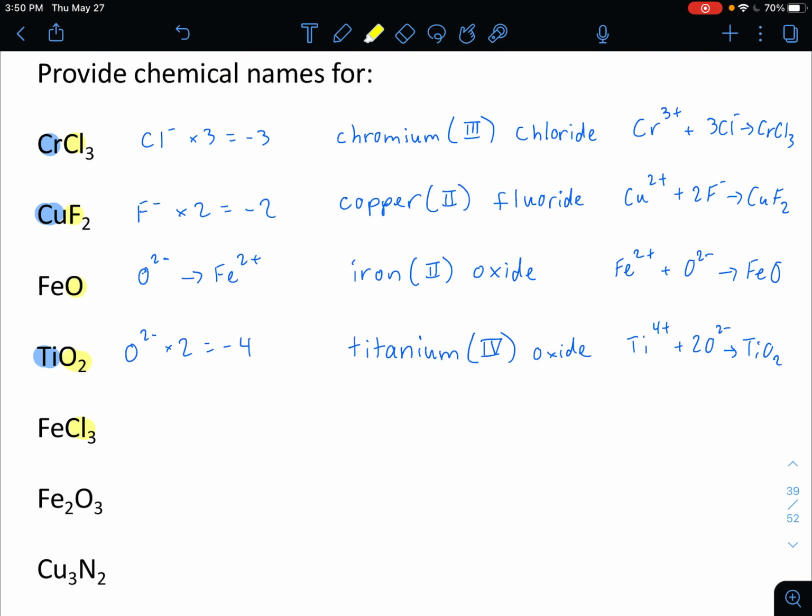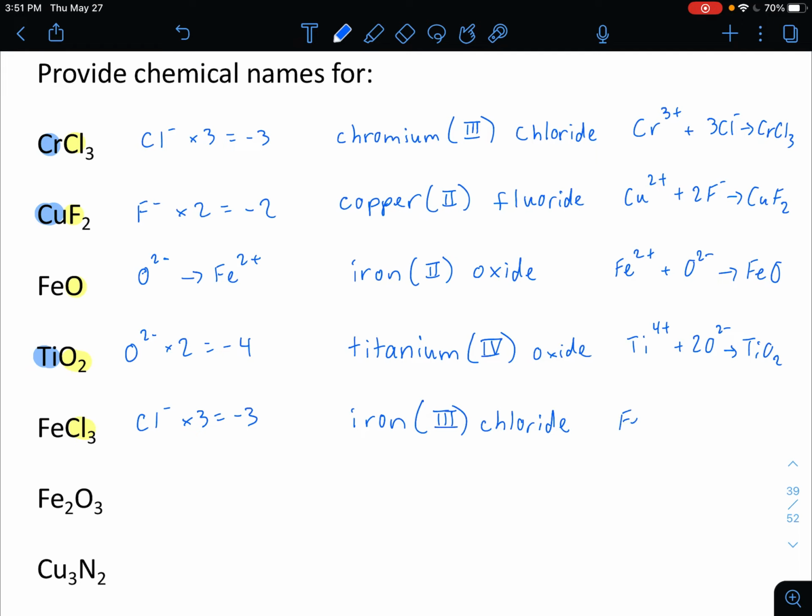Okay, this next one we've got Cl3, and so we know that chlorine is -1. If there's 3 of them, that's -3. So that iron needs to be +3. So just like CrCl3 was chromium 3 chloride, this is now iron 3 chloride.